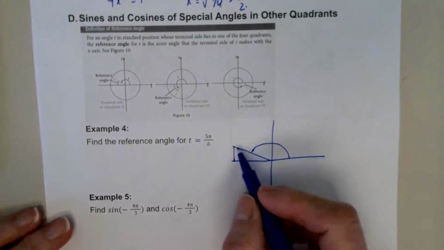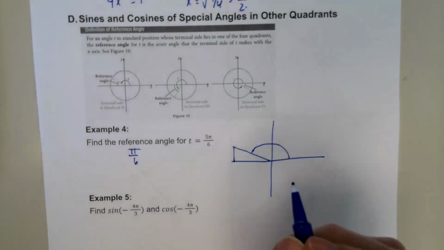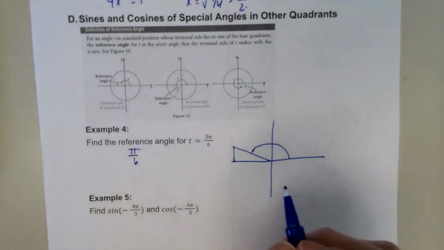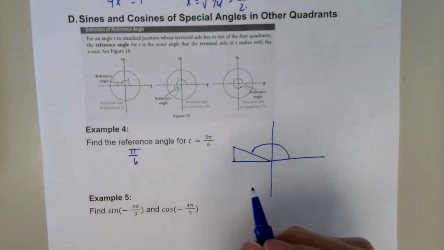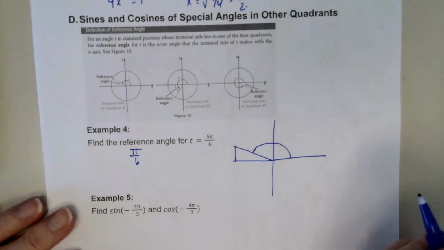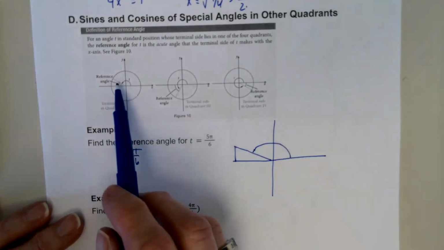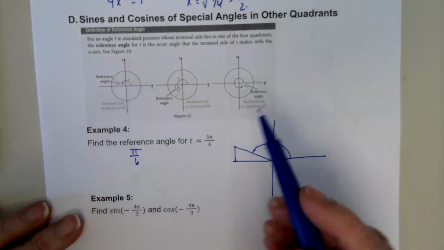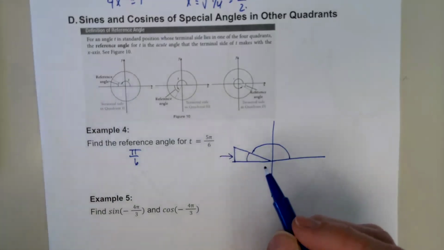And so we're looking at just pi over 6 as our reference angle. So our reference angle is right there. This is our reference angle.